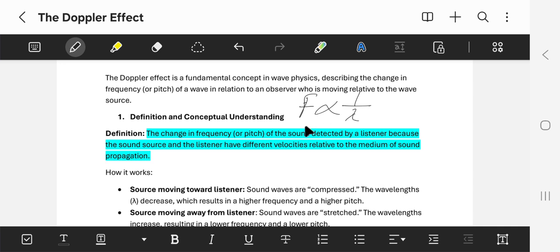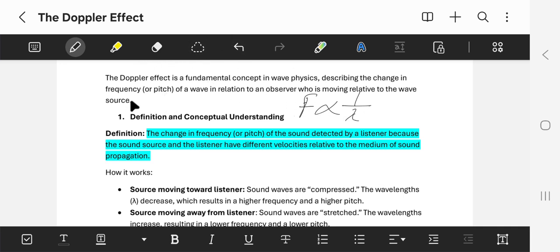The relationship between frequency and wavelength, guys, is inversely proportional. And that means if I'm going to have a high amount of frequency, then I will have a short wavelength. And if I'm going to have a large wavelength, that means I'm going to have a low amount of frequency. Okay, so those are the things that we have to understand.